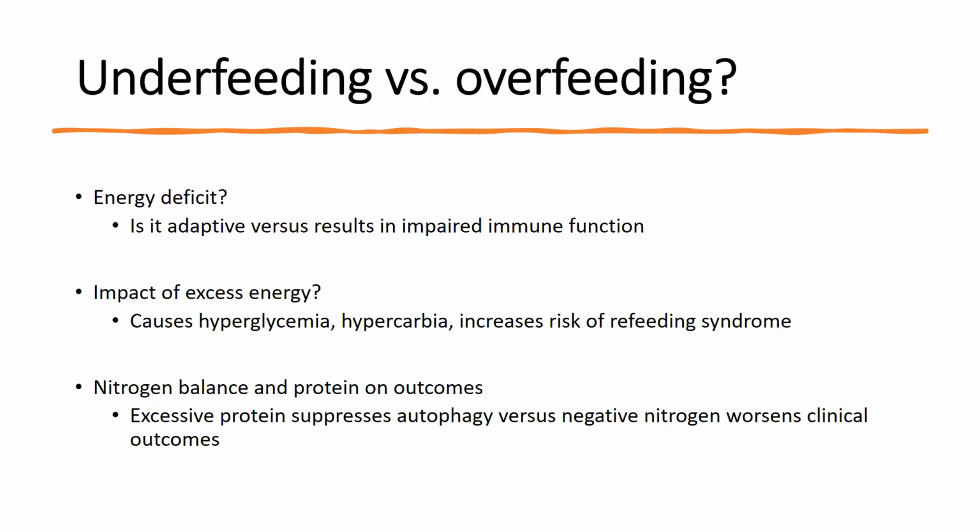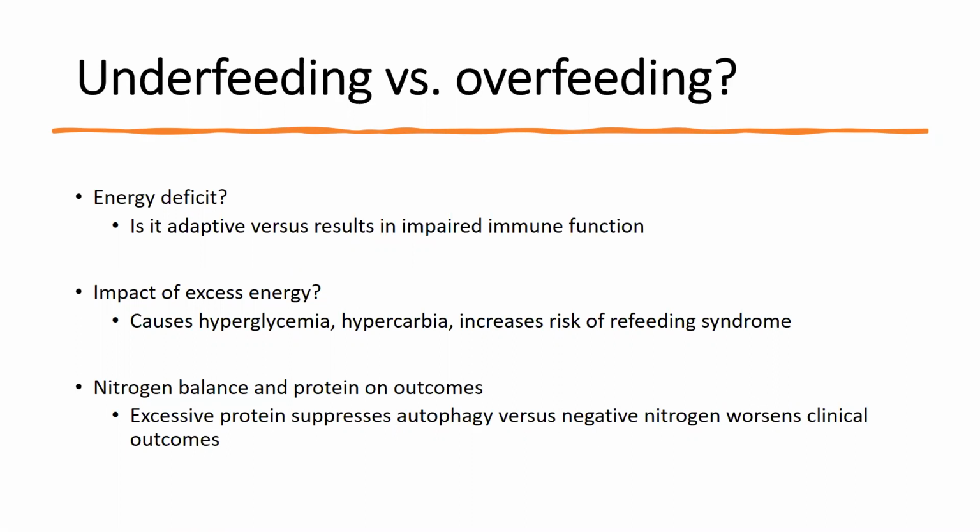Nitrogen balance in protein: is a positive nitrogen balance impactful on clinical outcomes? Well, there's a theory that excessive protein actually suppresses autophagy, versus a negative nitrogen balance, which on the other hand may worsen your clinical outcomes. So what is the right answer?